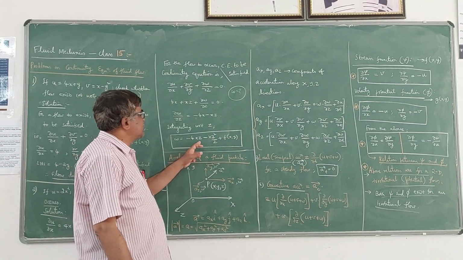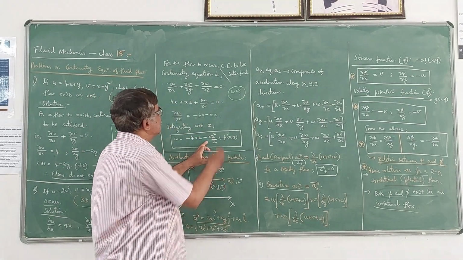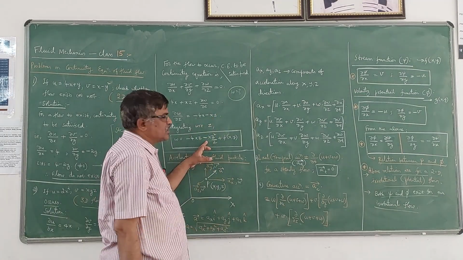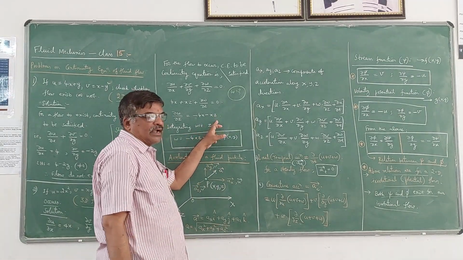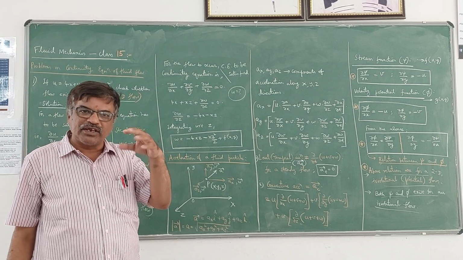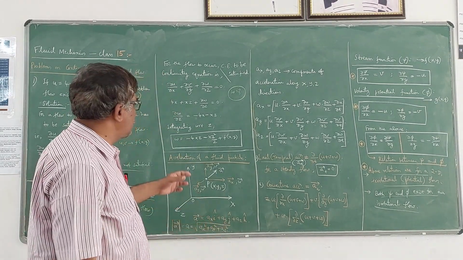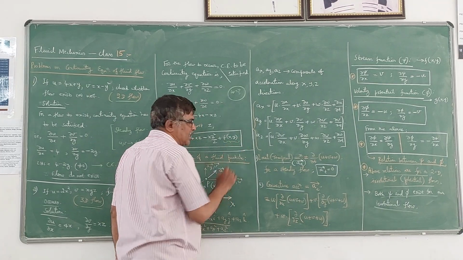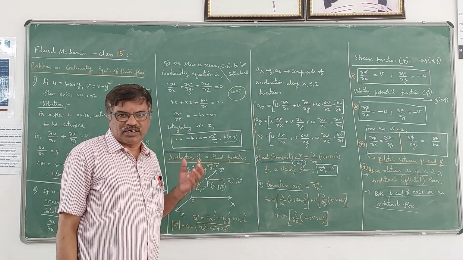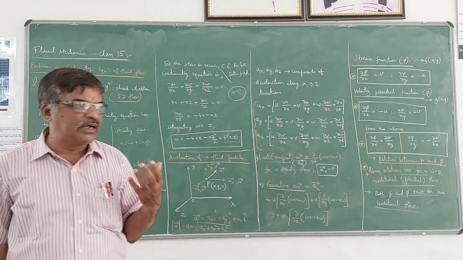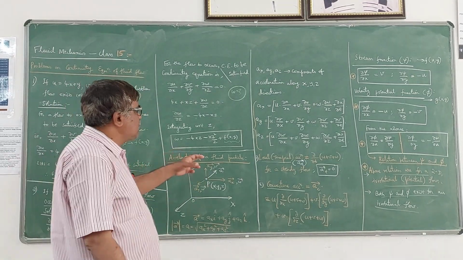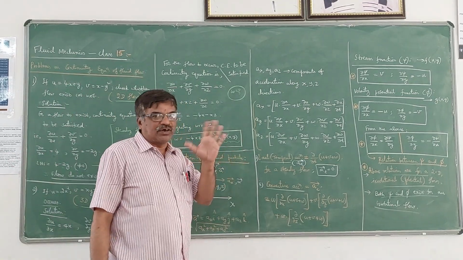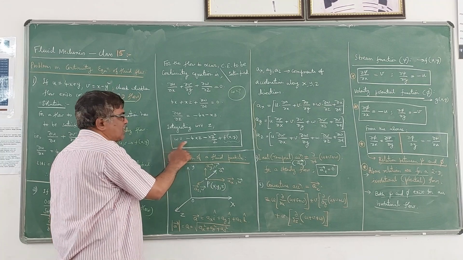So minus 4xz will be there, and here x is constant, z is not a constant. You are integrating with respect to z. Integration of z with respect to z will be z square by 2, as you know, plus a constant of integration. Here x and y are constants because we are integrating with respect to z. Therefore, the constant can be a function of x and y. So this is how we can find out w.